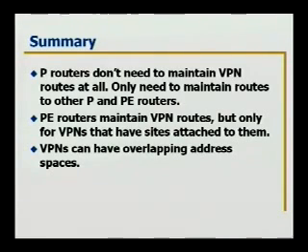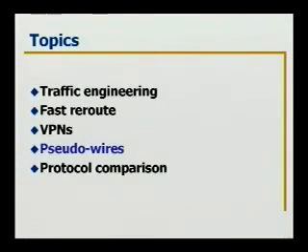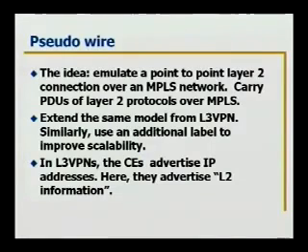Okay. So now let's say, can I take this same concept and expand it from layer 3 to layer 2? There's nothing in the model that I showed so far that would prevent me from doing it. So in the L3 VPN model, what I had was that I had the remote PEs advertise IP addresses and VPN labels.